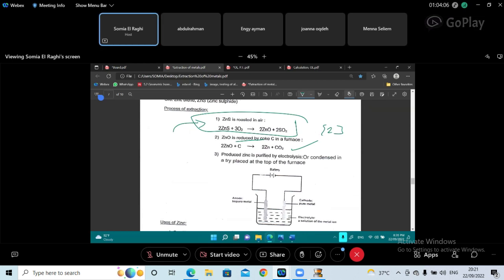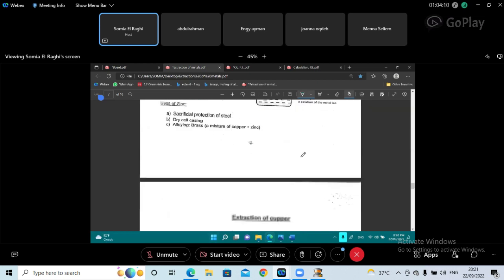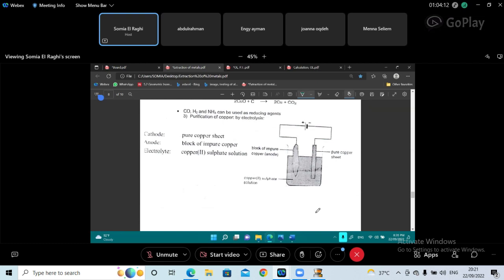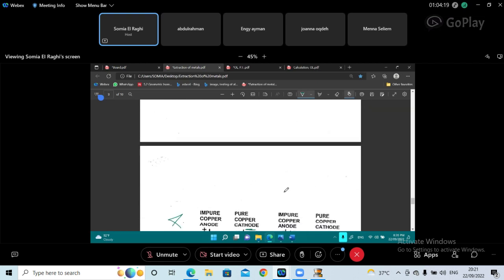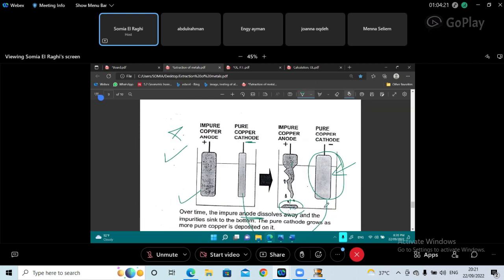And last step, purification. Again, just understand for the moment, we fix impure metal here as the positive terminal, which is anode. All right? And pure, a very thin layer of pure metal, and that is the net result.